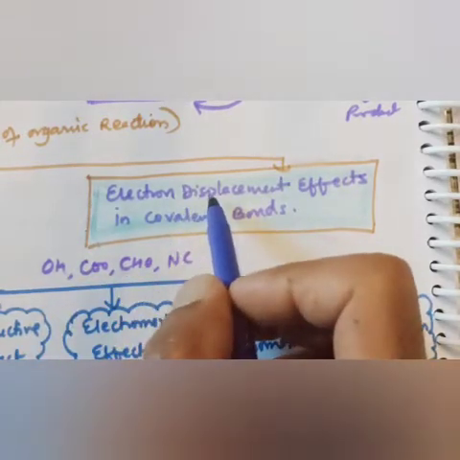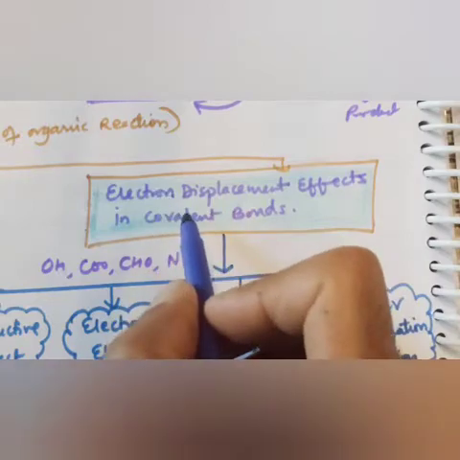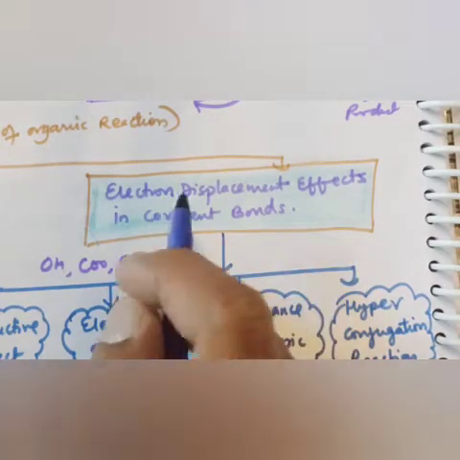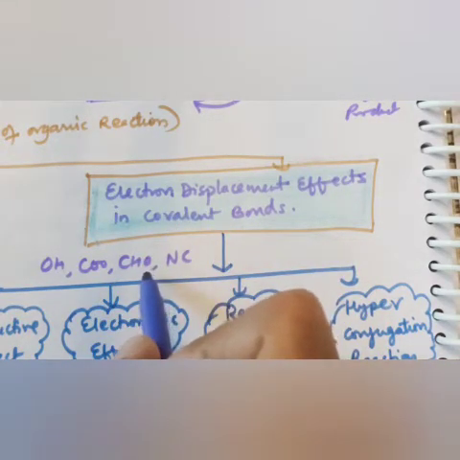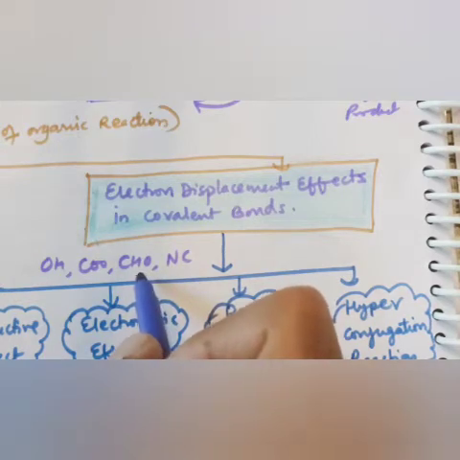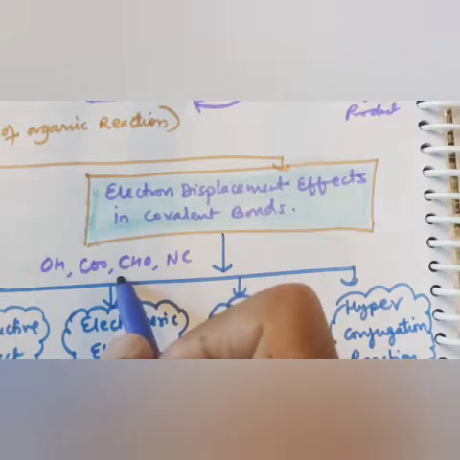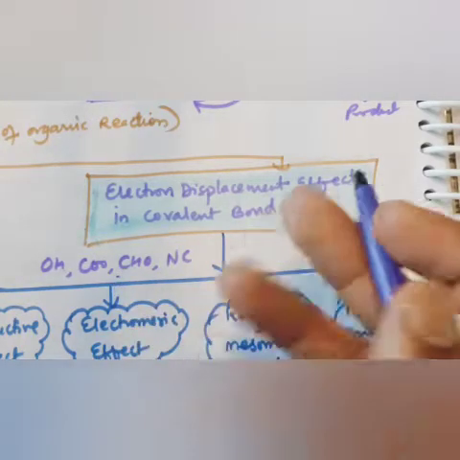Electron will start displacing from the hydrocarbon either due to the presence of some atom or group in the molecule or under the influence of an attacking reagent. As a result, this electron displacement occurs and centers of different electron densities are created. These centers are susceptible to attack by a reagent.